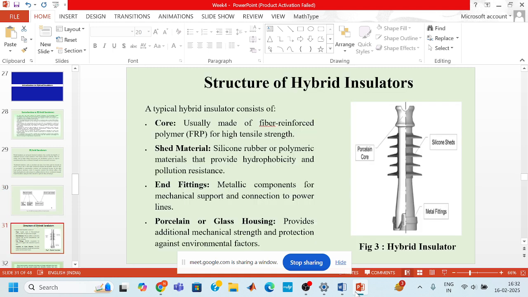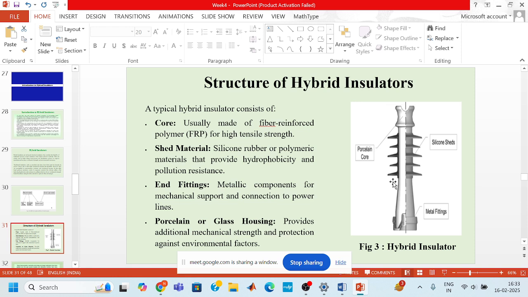This is the structure of the hybrid insulators, in which we can see the typical porcelain core, silicone sheds, and metal fittings. The core is usually made of fiber reinforced polymer, also known as FRP, for high tensile strength. Second is silicone sheds. This is silicone rubber or polymeric material that provides hydrophobicity and pollution resistance.